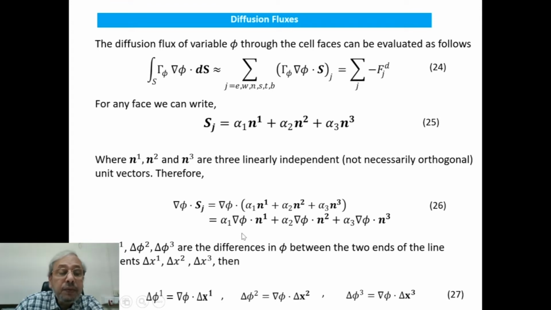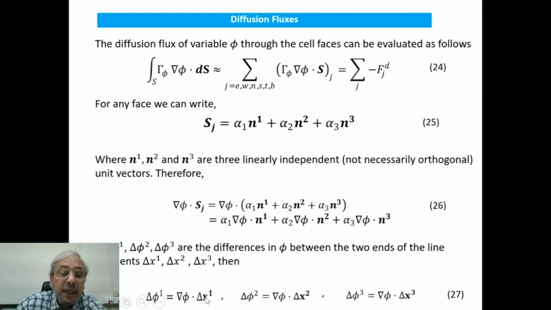Now, if we define delta phi 1, delta phi 2 and delta phi 3 as the differences of phi between the two endpoints of the line segments delta x1, delta x2, delta x3, then we can write delta phi 1 equal to grad phi dot delta x1.